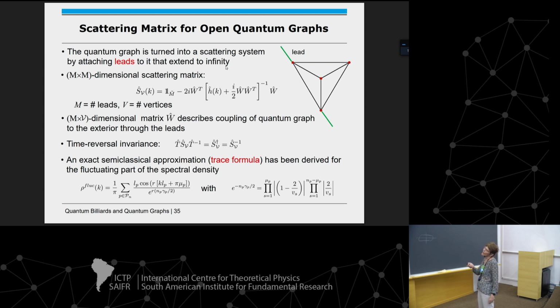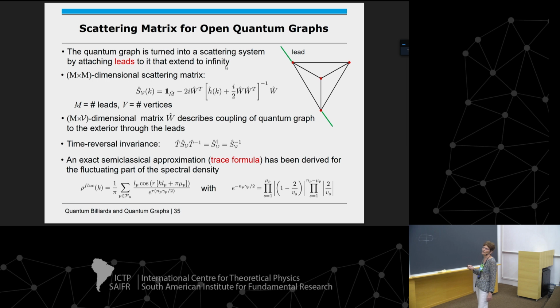For these quantum graphs, you can also derive an exact semiclassical expression, not an approximation, for the trace formula of the fluctuating part of the spectral density. It is given again in terms of a sum over periodic orbits of length L_p.